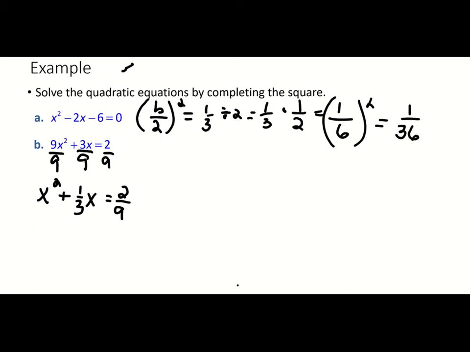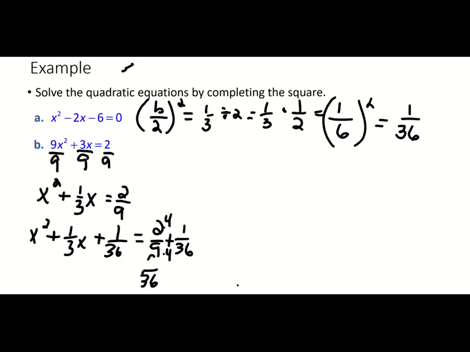So that's what we're going to add to both sides. It's not a beautiful problem, but it is workable. We can do it. So we're going to end up with x squared plus 1/3 x plus 1 over 36 equals 2/9 plus 1 over 36. And to add those fractions on the right-hand side, we want to have a common denominator. So we're going to make our denominator 36. So we're going to multiply that by 4 and that by 4.